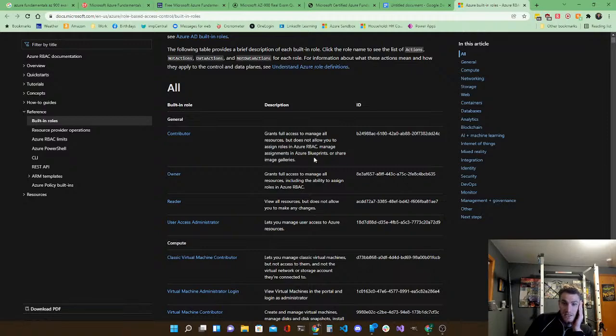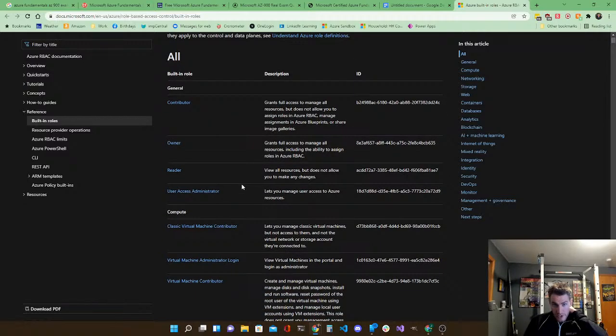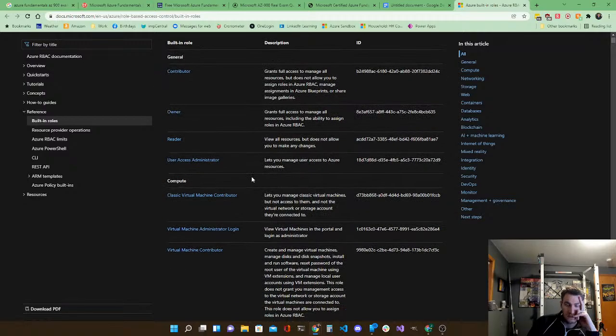But you're not assigning roles or playing around with permissions. Owner grants full access to manage all resources, including the ability to assign roles in Azure RBAC. Okay. Reader views all resources but does not allow you to make any changes. User access administrator lets you manage user access to Azure resources. Makes sense.